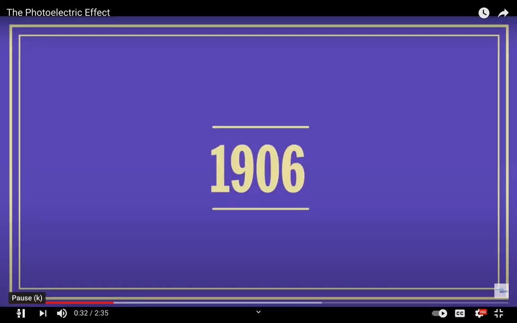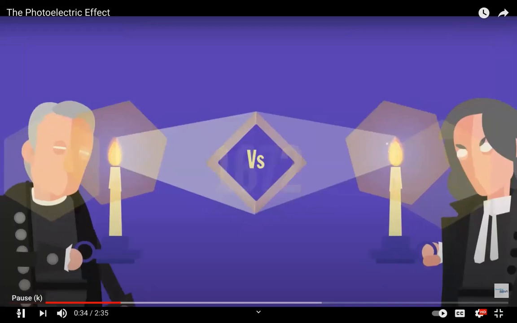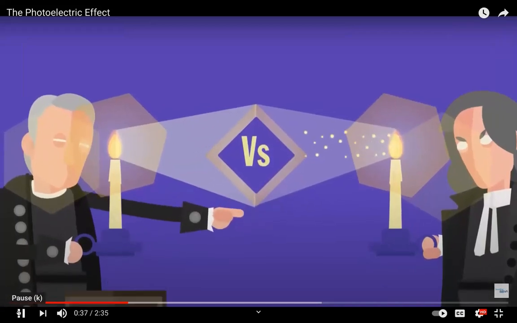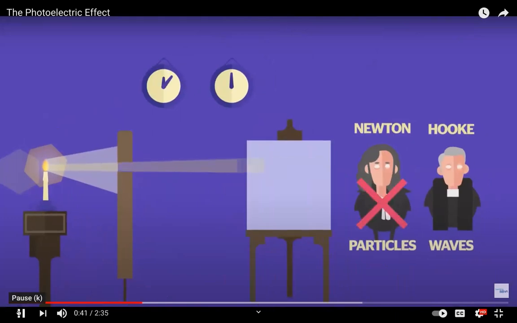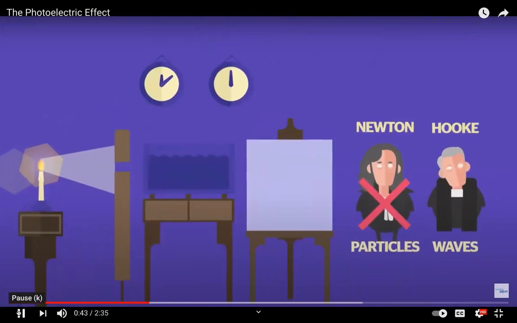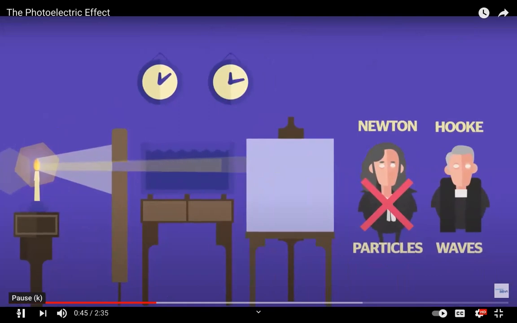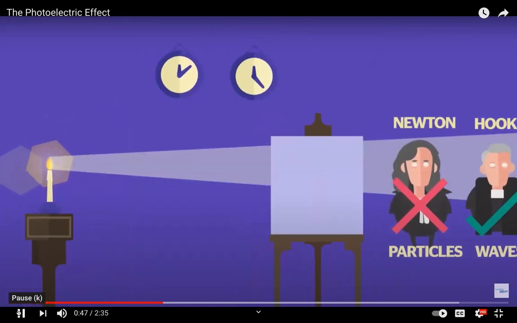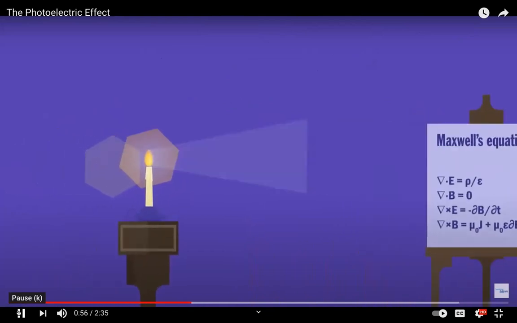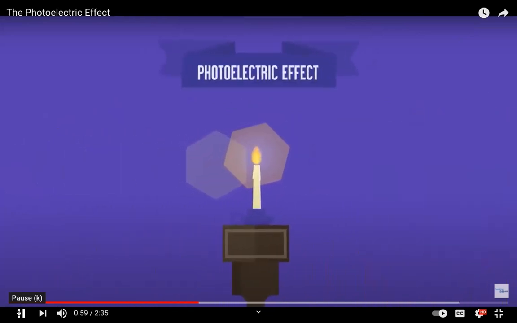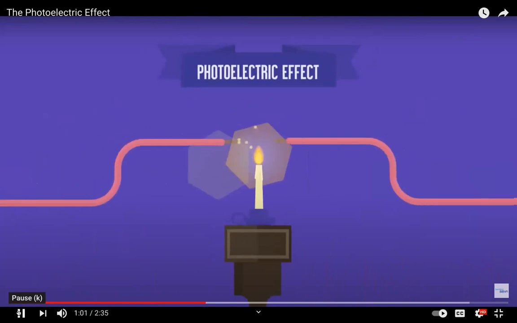Okay, let's rewind a little. Newton had thought light was made of particles, and his rival Hooke had thought it was a wave. And when technology advanced enough, some experiments proved Hooke was right. That proof, and Maxwell's equations describing light's behavior as a wave, made the debate die down, until the photoelectric effect was discovered. When light hits a cable next to another cable, electrons jump from one to the other.